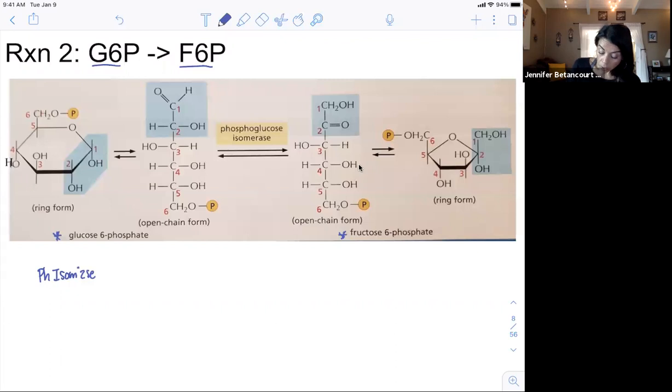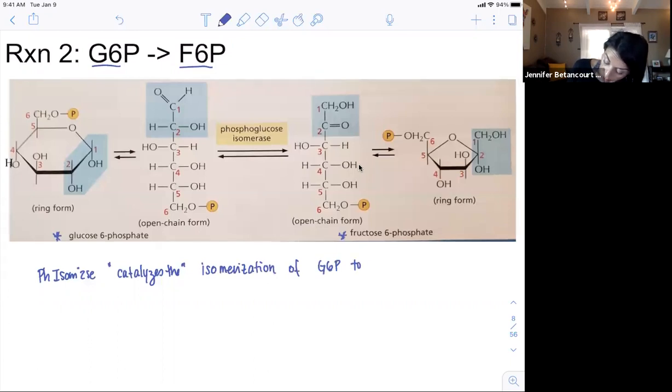Okay, so phosphoglucose isomerase catalyzes the, okay, that never changes. You can say the isomerization, or you can say it catalyzes the opening of the ring form to the open chain, whatever you want, but I'm just going to write isomerization of the substrate, glucose 6-phosphate, to its open chain form.